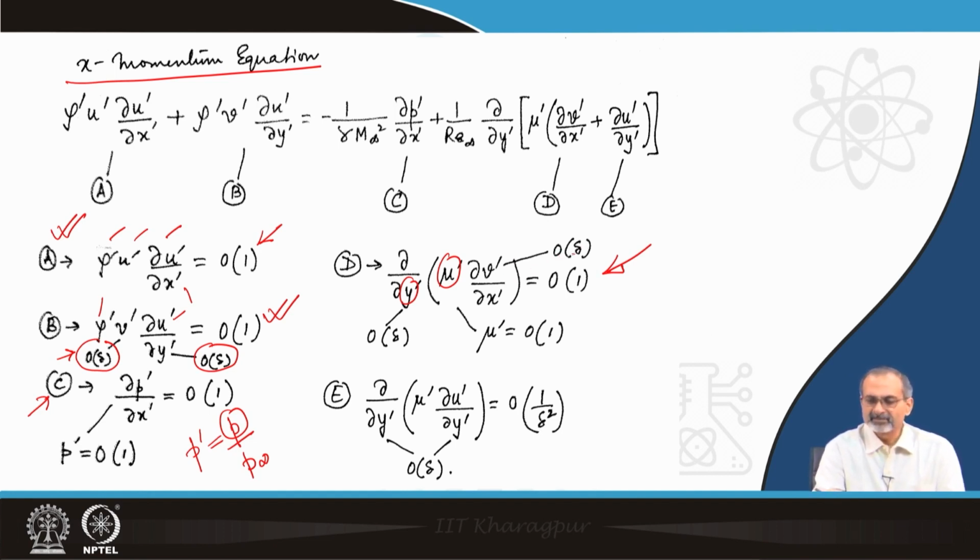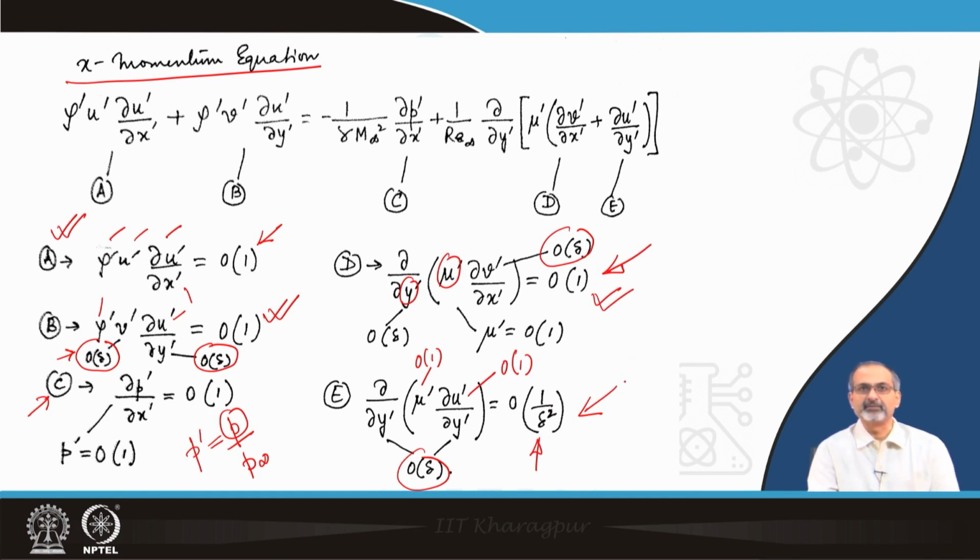V dash is of course order delta, and consequently, since you have two terms of order delta in numerator and denominator, finally it does not affect and you have an order 1 term here. Going to the term e, you have order delta in the denominator here, order 1 here, again order 1 here, and so two order delta terms here in the denominator will finally create an order of 1 by delta square in the e term.